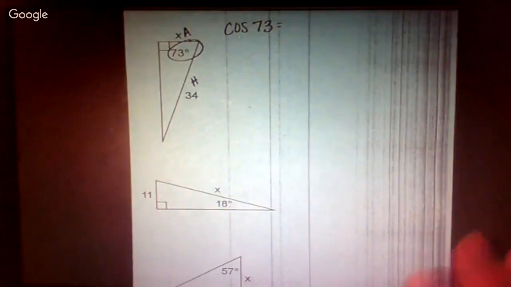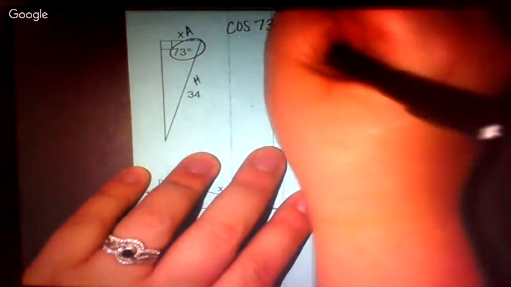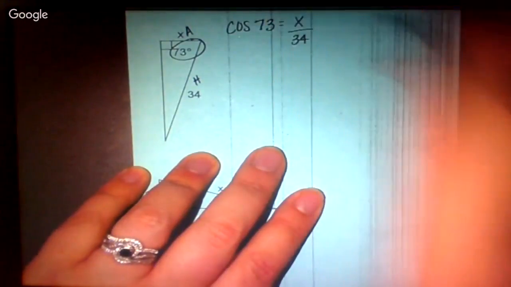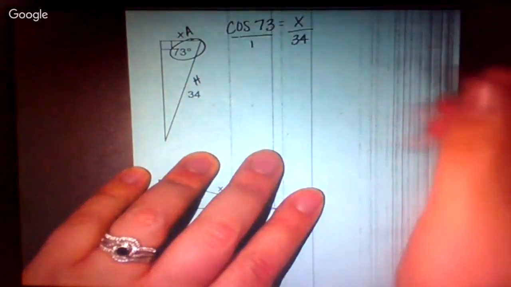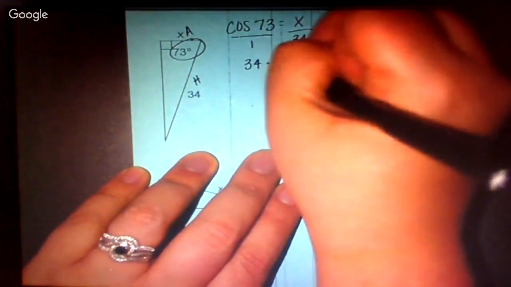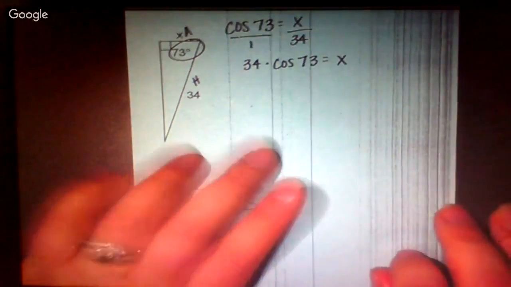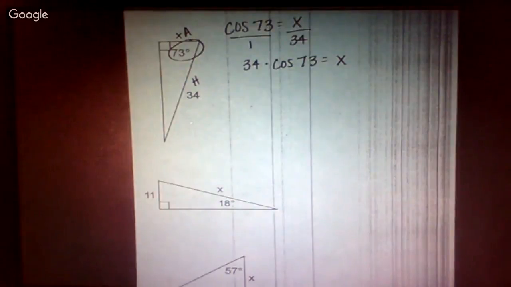It's CAH, C-A-H. So what goes on top? The X. Fantastic. A comes before H, so X goes on top, and 34 goes on the bottom. Again, put this over 1 and cross multiply. So you get 34 times the cosine of 73 equals X. Is X already by itself?